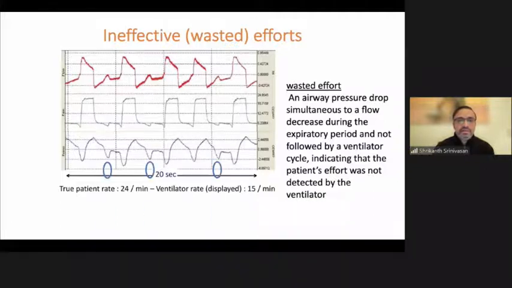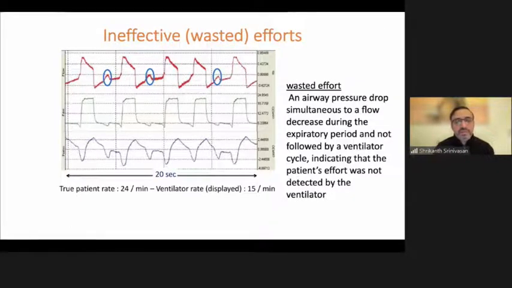You can see here in this graph, this is a volume control mode. Why we say that is that the pressure waveform is fixed, right? It's a pressure control mode where you can see the pressure waveform is fixed and the flow is a decelerating waveform. And the third waveform is the esophageal pressure waveform.